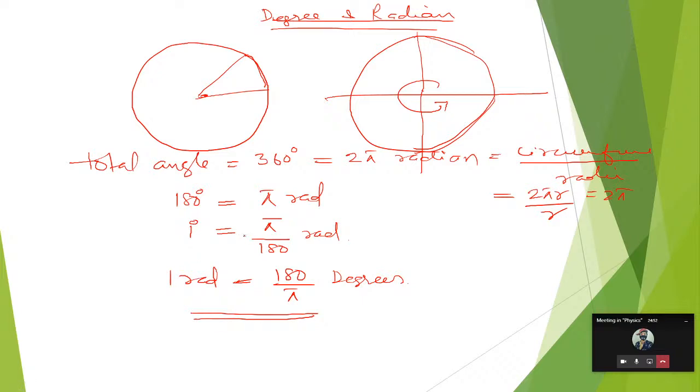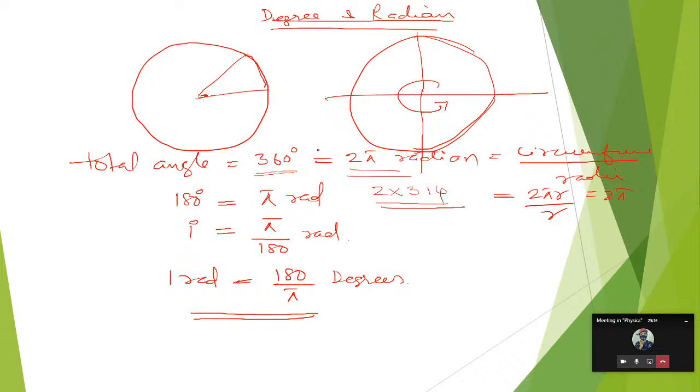For calculations, from now onwards we will take radians only, not degrees, because we get it in digit form. See, 2 pi radians is 2 into 3.14. It is easy for calculations. Otherwise we have to convert again and again, which will be a complicated issue.